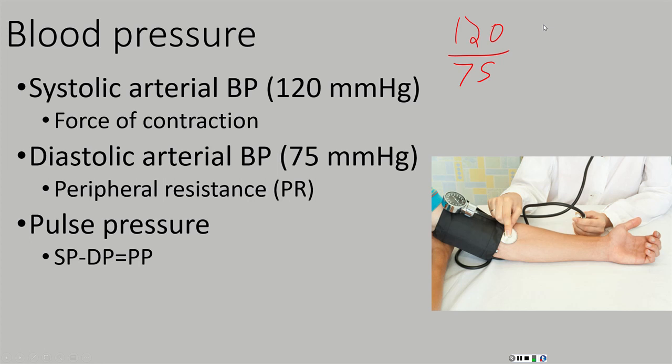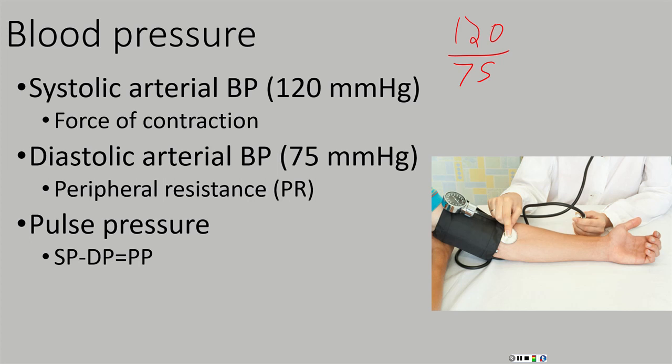Now, this top number is called the systolic arterial blood pressure. And this is when the heart is at its most contracted and the blood has been pushed out of the ventricle into the aorta.